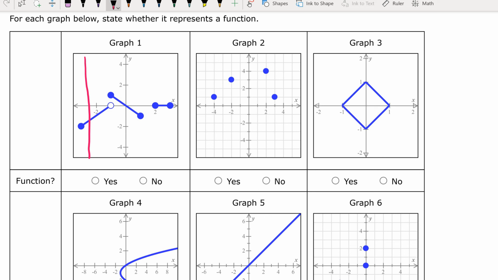So if I draw that line, it crosses one point, draw another line, it crosses one point, draw another line, it looks like it crosses at 2 points, but because of this open circle, it goes through. Open circle means not included, so it only crosses at 1 point. And again, and again. So it doesn't matter how I draw my vertical line, it only crosses the graph at 1 point. So yes, it is a function.